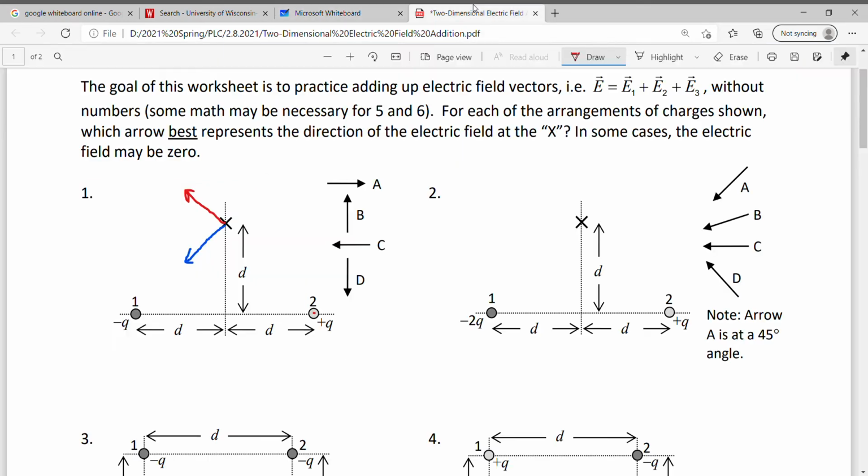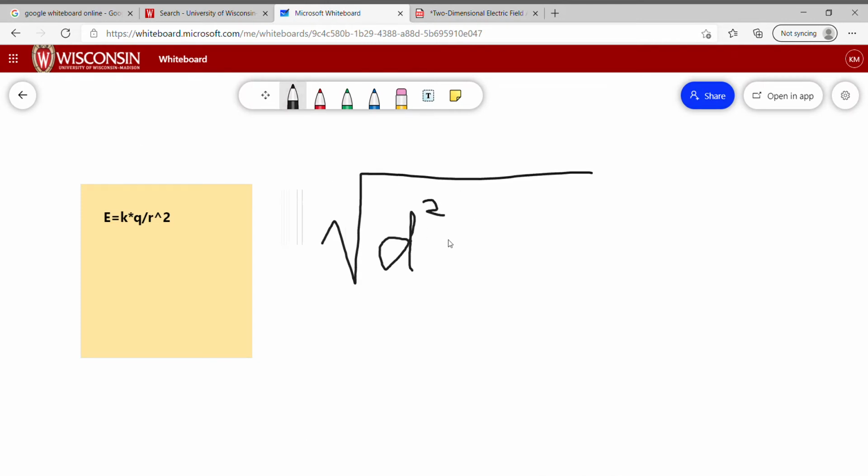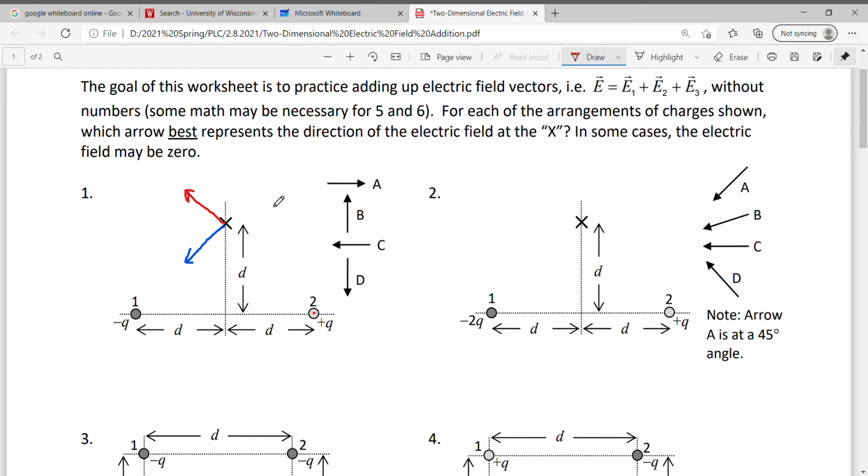Here we can see that r, which means the distance between the position and the charge, is both the square root of d squared plus d squared, which is root 2 d, right?